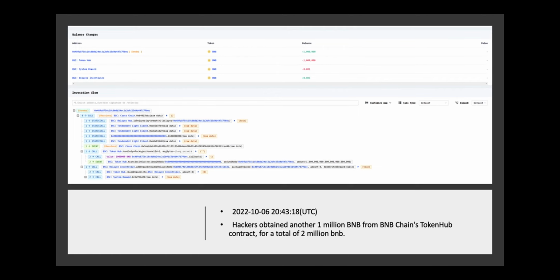Right after, almost 2 to 3 hours later, they did another big transaction, obtaining another 2 million coins. So we can see that the process of doing the transactions is quite fast.